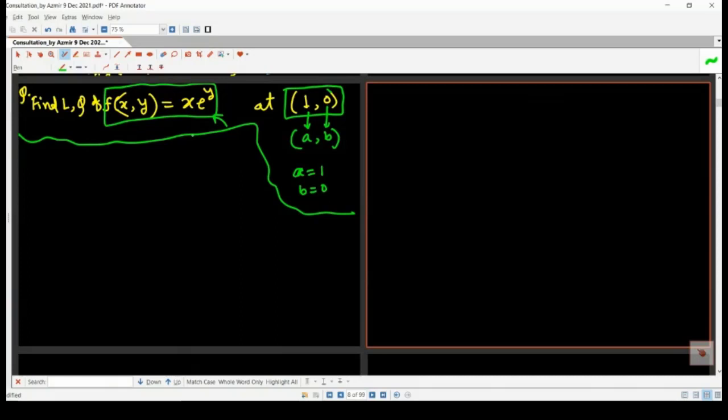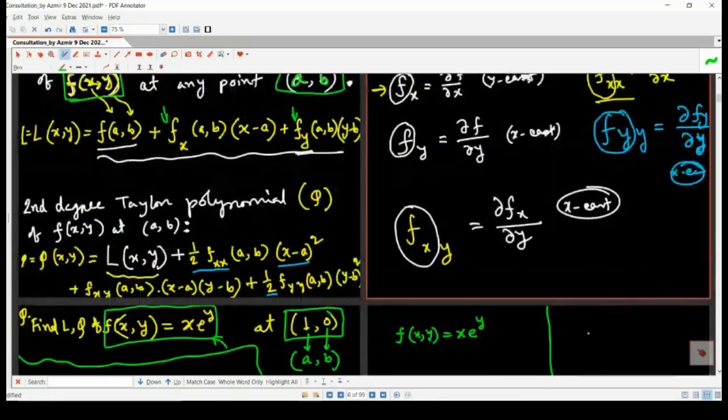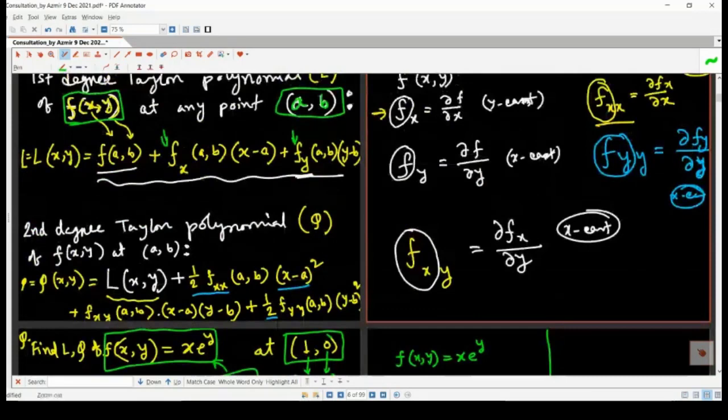Let me write here. We have the main function f of x comma y equals x e power y. This is our main function. So if we have a look at L, first we have to find f of a comma b.